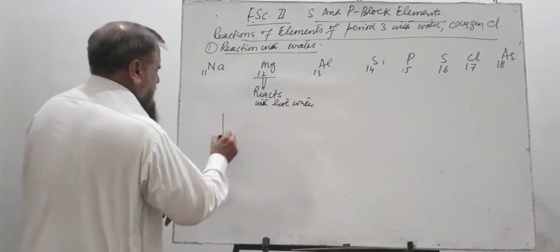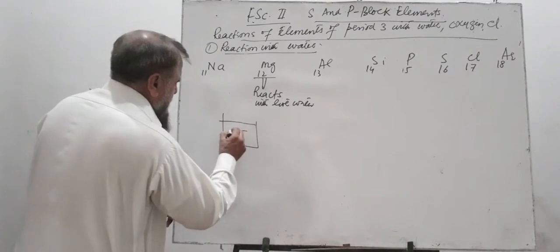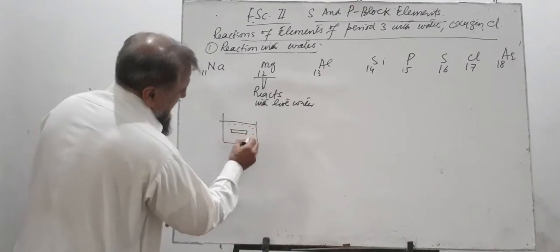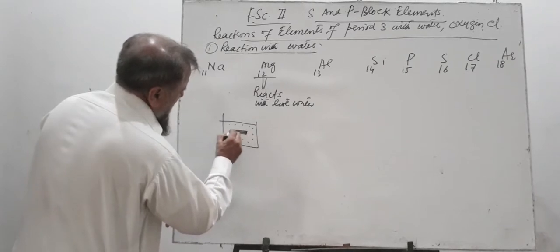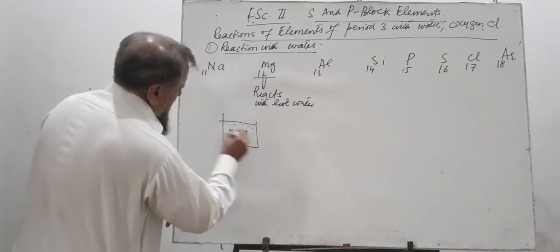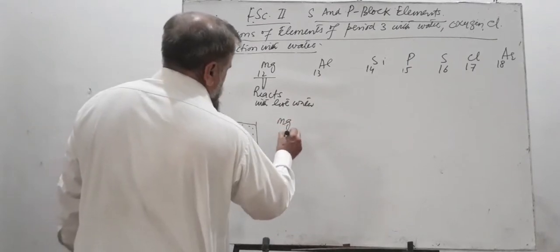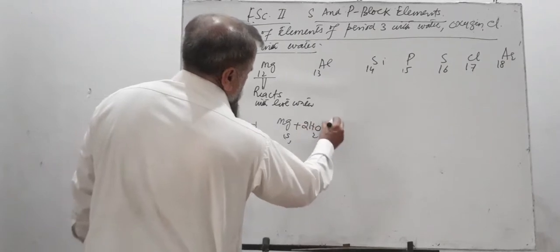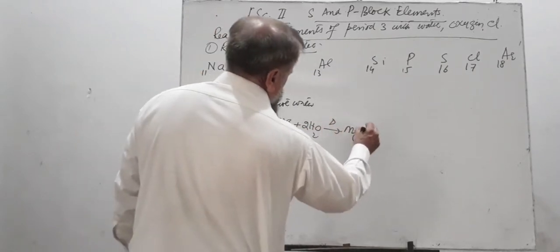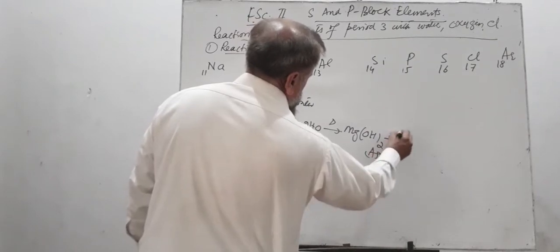When a piece of magnesium ribbon is dropped into water, then magnesium reacts with water, 2H2O, in the presence of heat to produce magnesium hydroxide in solution and liberate hydrogen gas.